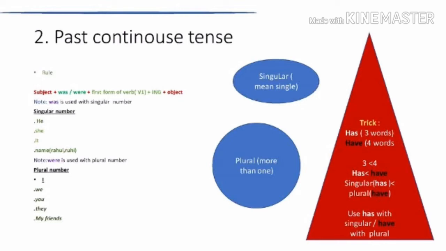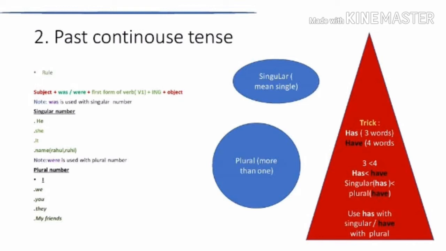He, she, it, and name are all singular. Now were is used with plural numbers. Plural means more than one, like we, you, they, my friends, and I.